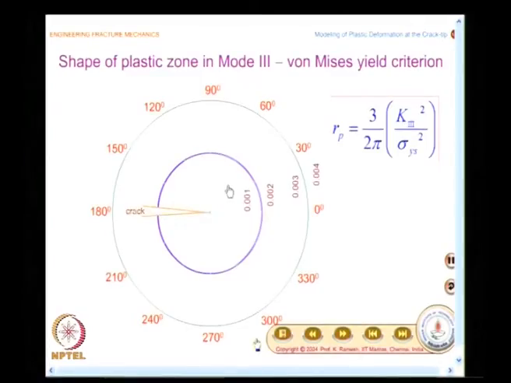You cannot analyze a mode 3 problem from photoelastic analysis. So, we have not seen the shape of the isochromatics there for you to compare. Nevertheless, you have to keep in mind, the plastic zone is circular only in the case of mode 3. Many books simply put a plastic zone even for mode 1 as a circle.